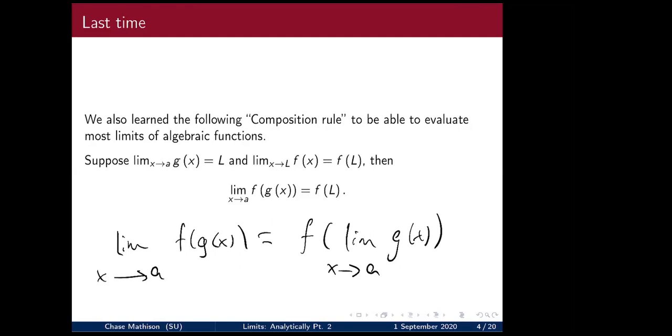But really, all this is saying is that if f is nice enough, then just try plugging in the x value a. If f is not defined in a weird way, if it's just a square root of a bunch of stuff, or e to a bunch of stuff, you're going to be fine just plugging in x equals a. So that was the composition rule. It looks complicated, but it really just says try plugging in the number.